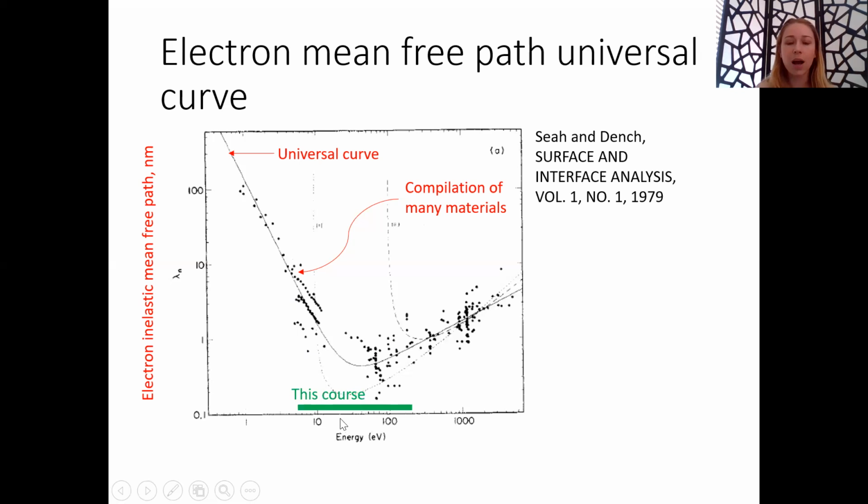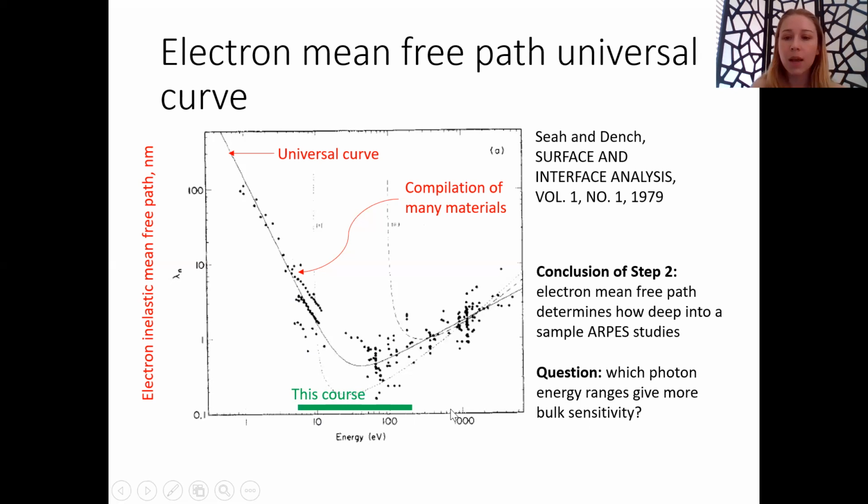All right, so in my research and also this mini lecture, we are in this range of photon energies indicated by the green bar. So the conclusion of step 2 of the photoemission process is that the electron mean free path determines how deep into the sample ARPES studies probe.